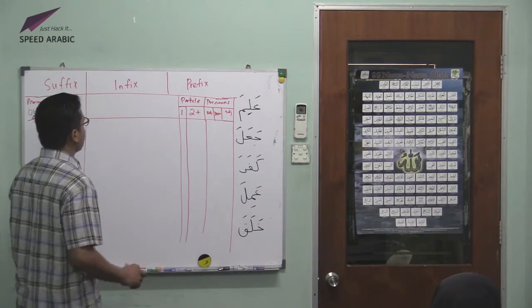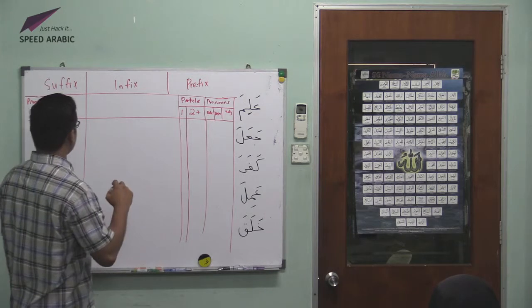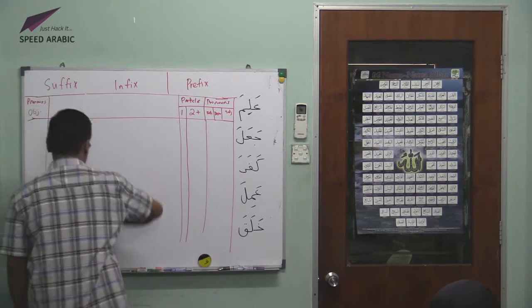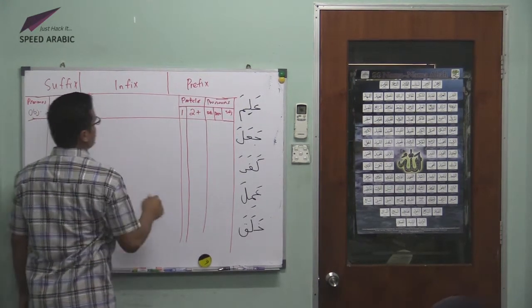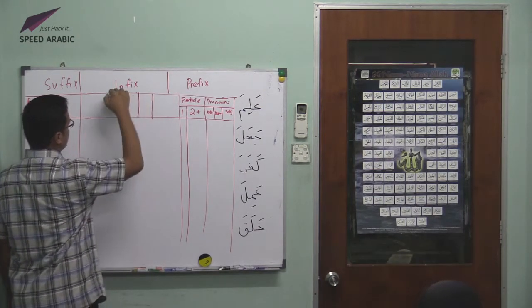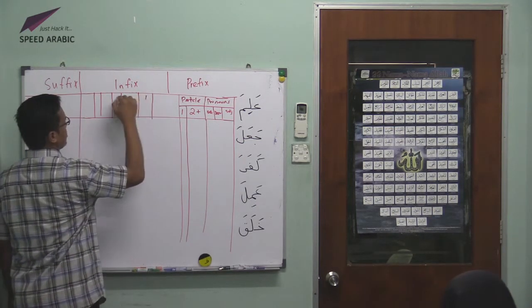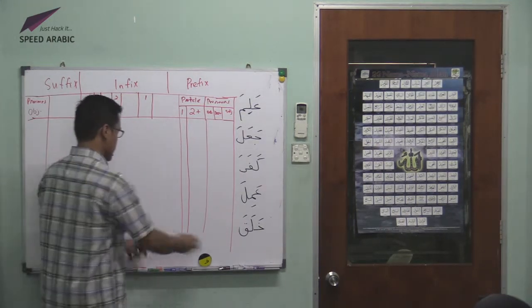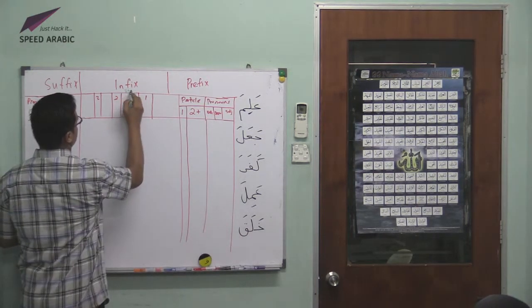And you would have, let me do it for you here, three root letters here, and you would have a stem here.